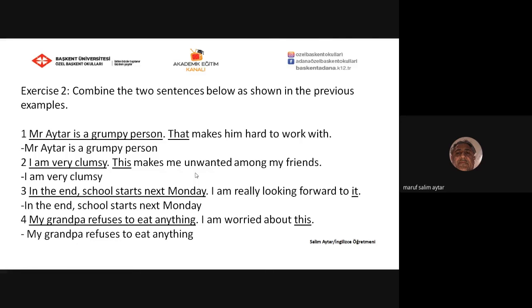In the end, school starts next Monday. See, instead of this, we are going to put comma and a relative pronoun, okay? And we should continue with it. My grandpa refuses to eat anything. Do not forget about the comma and this one as well.